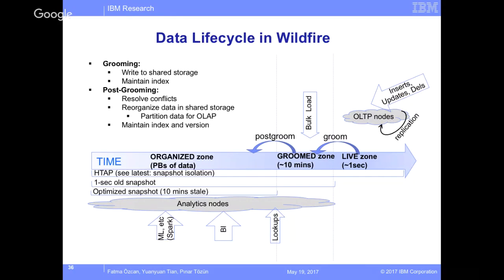Anyway, the question is more about this. Wildfire focuses on IoT workload, and you also mentioned workloads like fraud detection, which seems to be one of the best examples for an HTAP system.